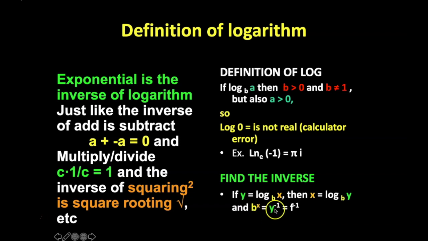Now remember, when you find an inverse, this y is not the same as this y. This is the inverse. So you put a little -1 up there. Now that doesn't mean -1 exponent, it means inverse. You have also maybe seen this written as f to the -1 power. F stands for a function.